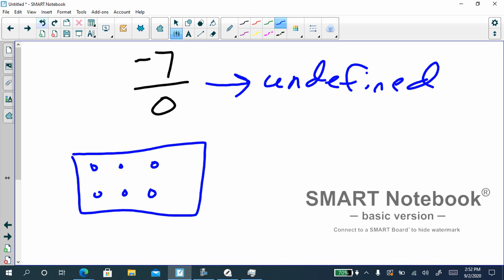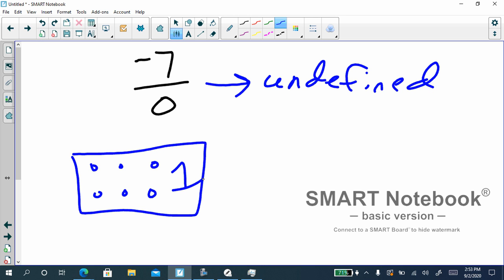Or if we divide it with 3s. But if we say we're going to divide it by 0, well, if we don't divide it at all, there's one group.